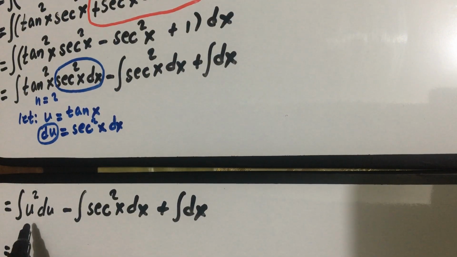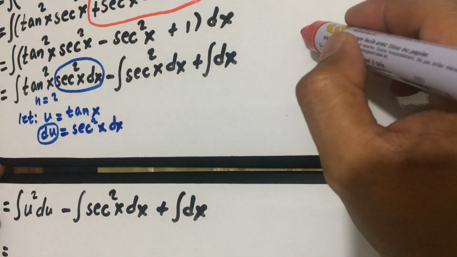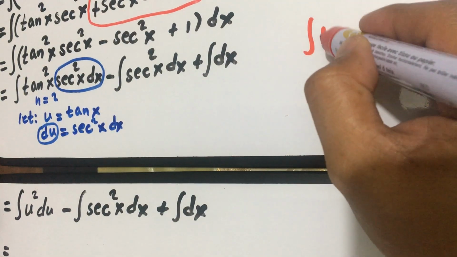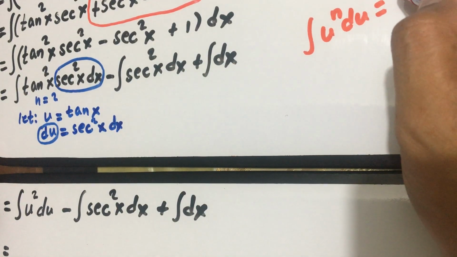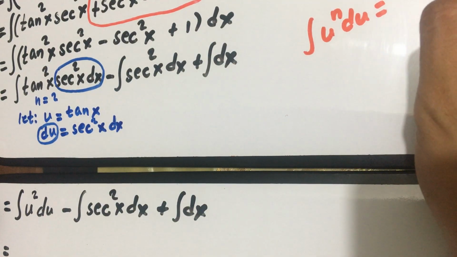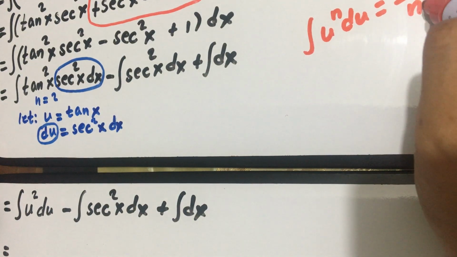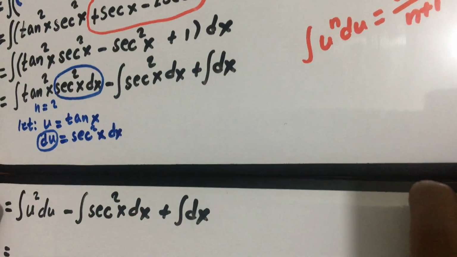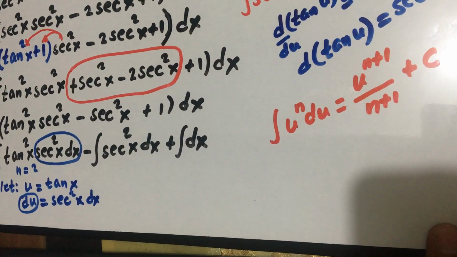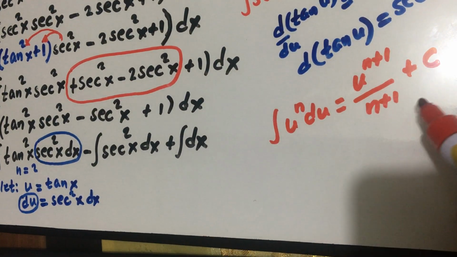So using the power formula, what is the power formula? Integral of u to the n du is equal to u to the n plus 1 over n plus 1 plus c. Okay, so we have to make use of that formula. That is the power formula.